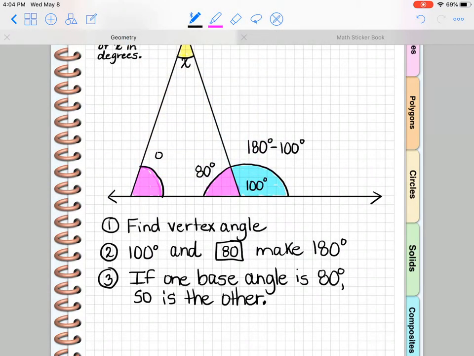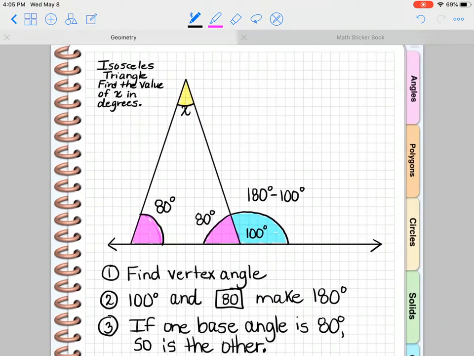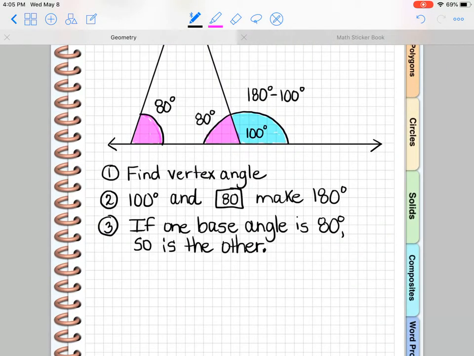We're almost there. So how can we find x? How can we find that peak vertex angle? Well, we know that the whole triangle is 180 degrees. And we know that we have used 80 and 80 of that in our two pink angles, the base angles.